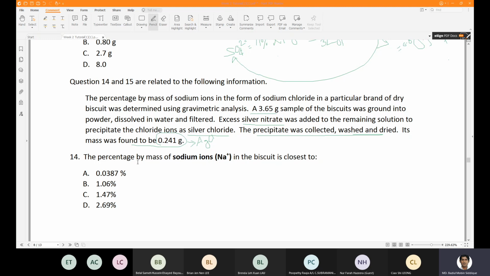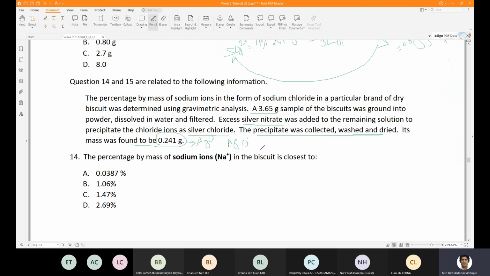In silver chloride, it is 1:1, isn't it? If 1 mole of silver ion is there, 1 mole of chloride ion will be there as well.